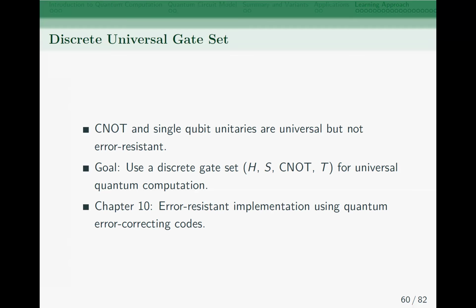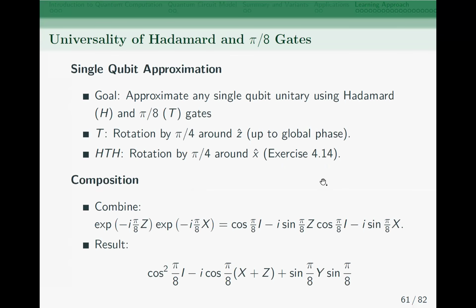So this is why we take Hadamard and T. Let me just describe what is going on. First, let's say I give you this T, which is pi over 8. By definition, you can prove this T is a rotation by pi over 4 about Z. This is the definition.